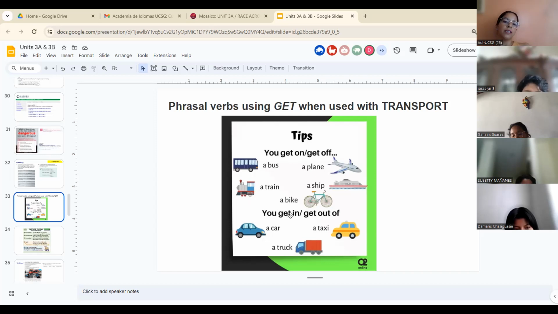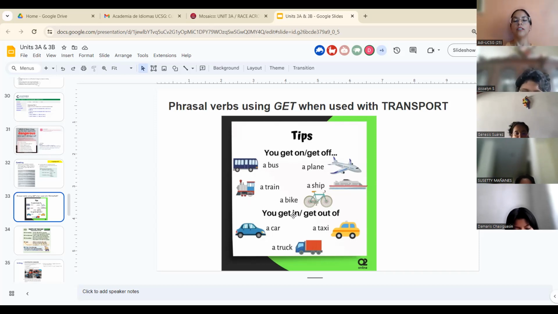The other one is get in. We use get in with small vehicles like cars, taxis, and trucks. You get in a car, you get in a taxi, you get in a truck. The opposite of get in is get out of. You get out of a car, you get out of a taxi, you get out of a truck.